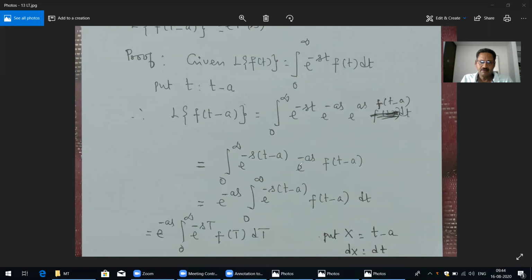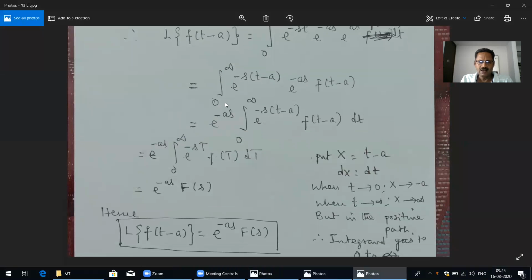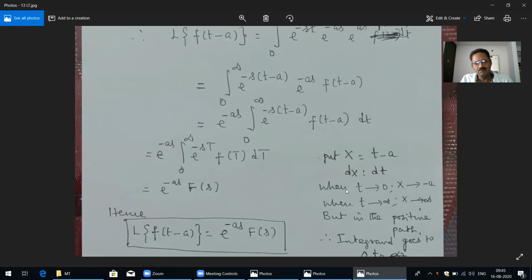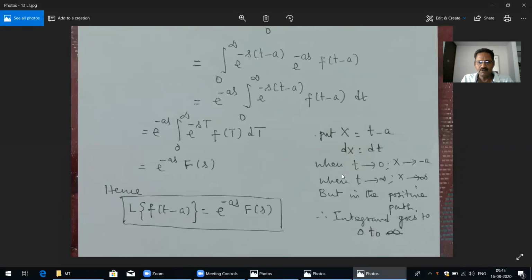After this, for t minus a, put x equal to t minus a. Then dx equals dt. When t equals the lower limit 0, x equals minus a. When t equals infinity, x equals infinity.